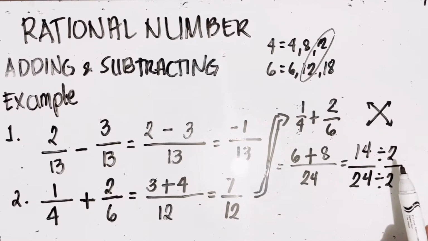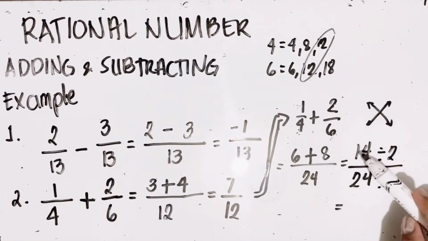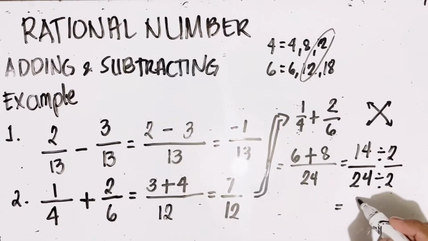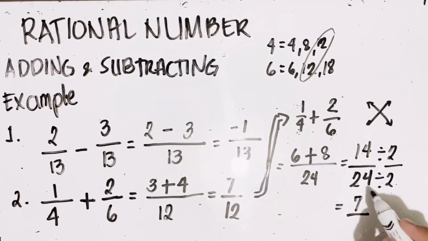So we reduce this fraction and the new answer is 14 divided by 2 is 7, while 24 divided by 2 is 12.